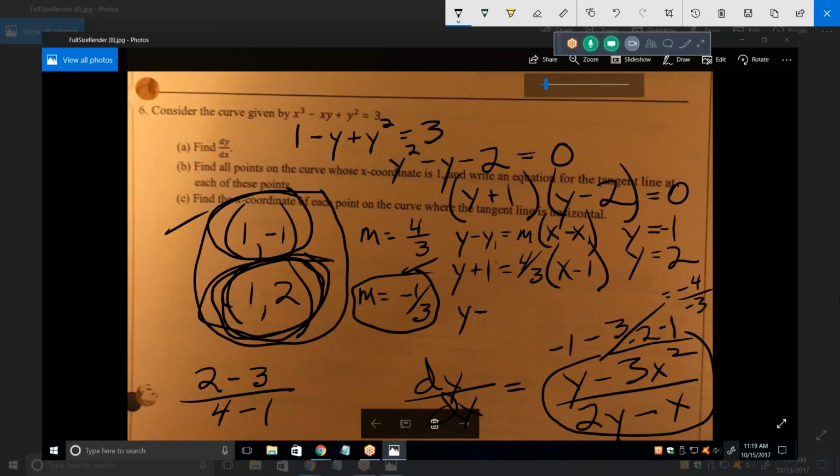And y had a different value at each one. So my y coordinate, my second point, is 2. My slope is minus 1/3. And my x point is still 1. So there are our 2 different equations of the tangent line at each of those points.